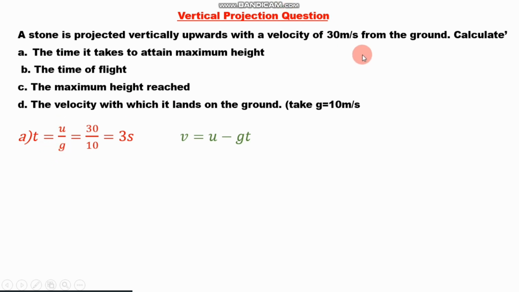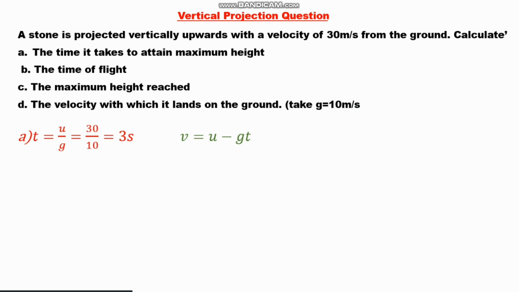So u is the initial velocity, which is 30 meters per second, and g is the acceleration due to gravity. In this case, we have been given 10 meters per second squared, so there is an error on the screen; it's supposed to be 10 meters per second squared. In some cases, you might be given acceleration due to gravity as 9.8 meters per second squared.